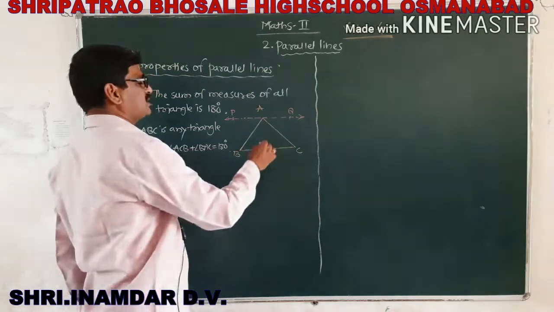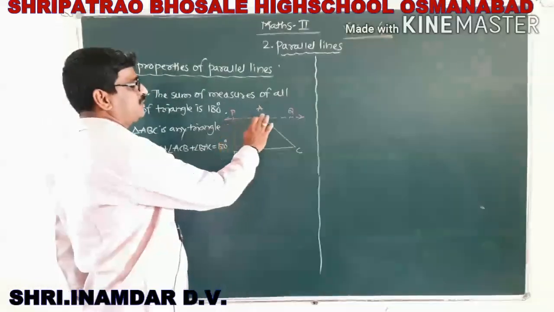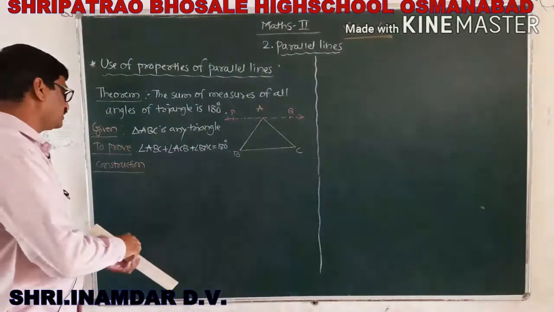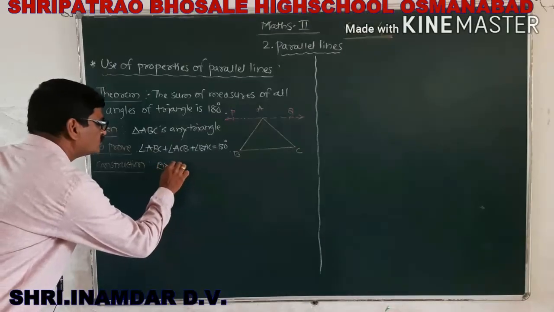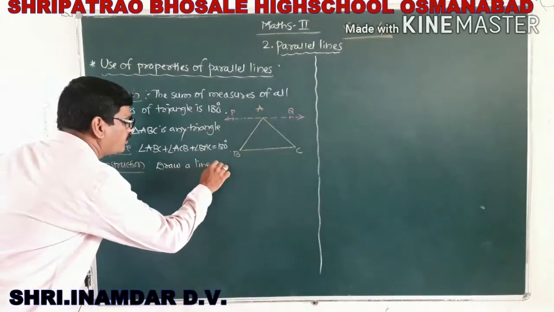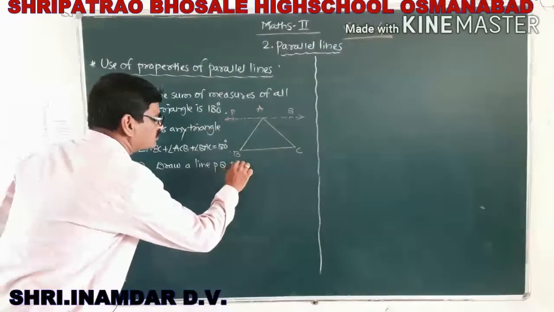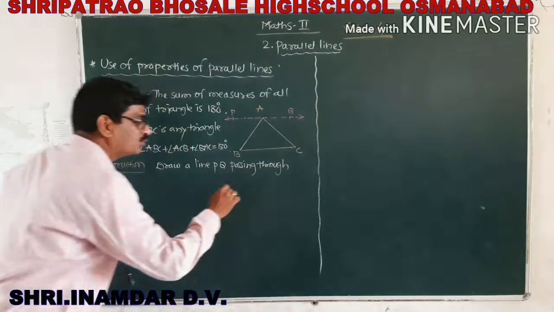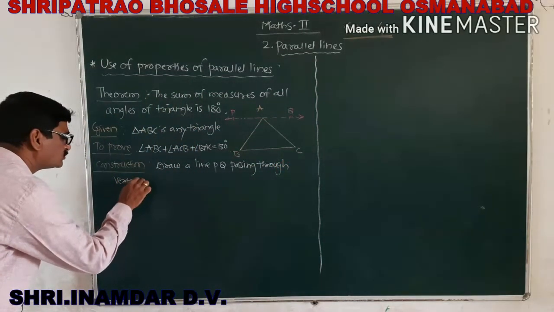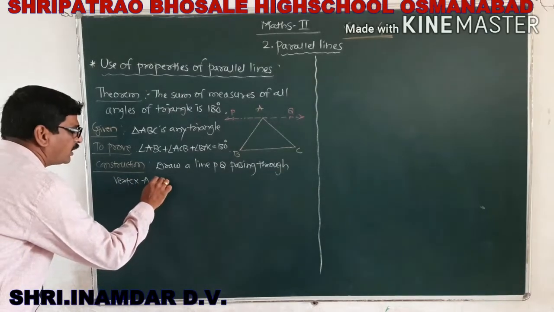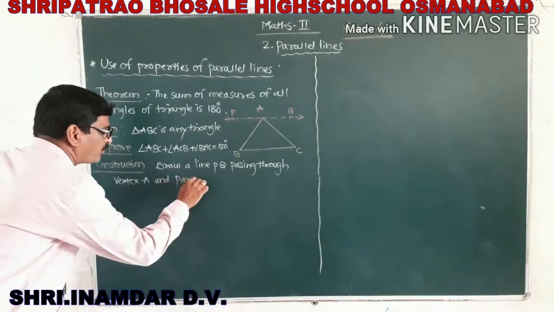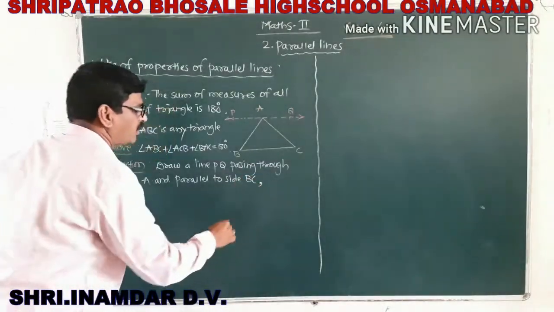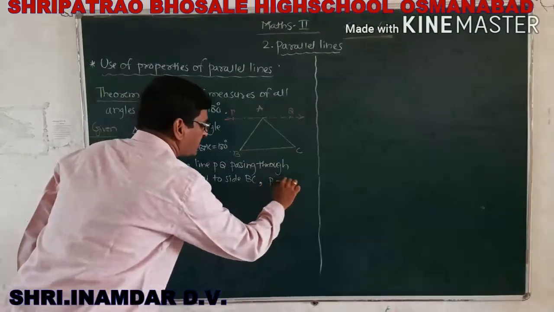This is your construction, and such that there is a betweenness condition P-A-Q, or PAQ is formed. So write that here: draw a line PQ passing through vertex A and parallel to side BC, comma, with betweenness condition P-A-Q.